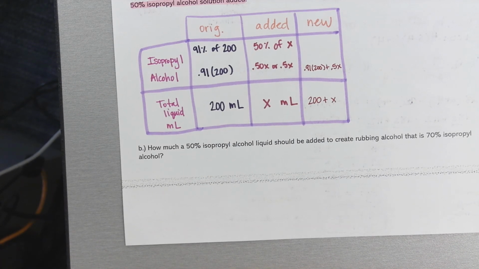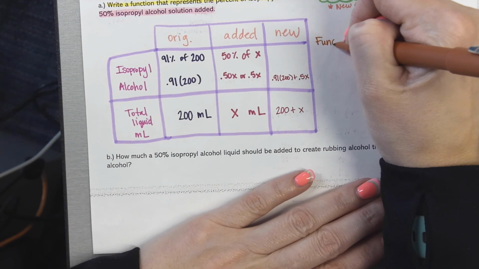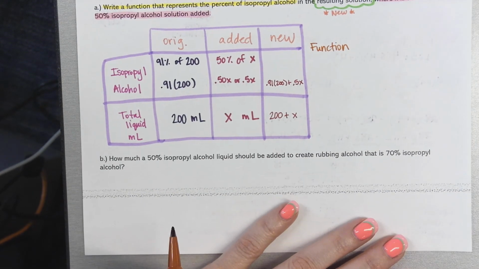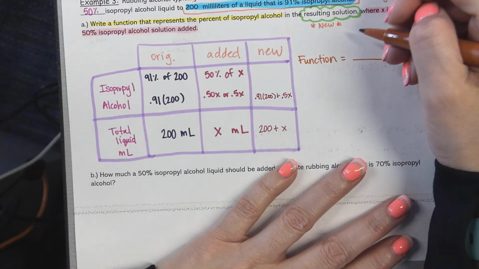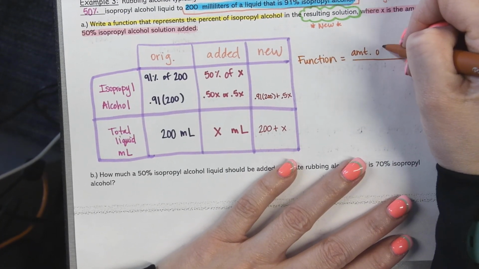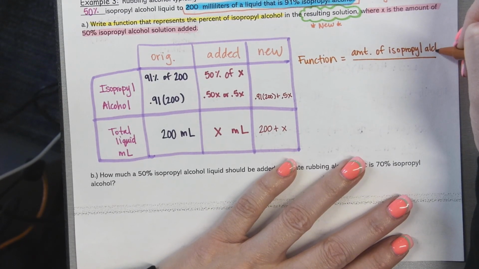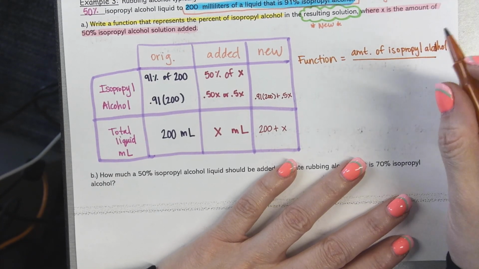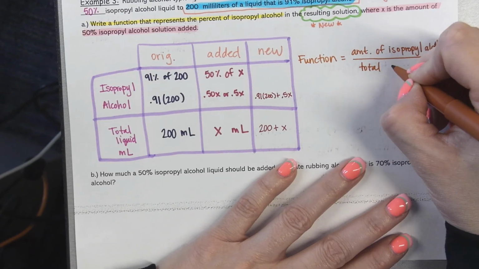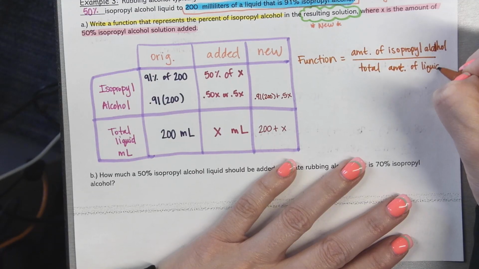Okay, when you are writing a function that represents this, you're going to set up a general equation first. Okay, so the function is the amount of the isopropyl alcohol, and then the total amount of the liquid.